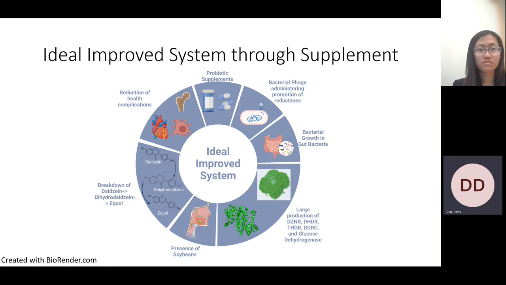And this would accumulate and the bacteria would grow in the gut, and large production of the reductases such as DZNR, DHDR, THDR, DDRC, and glucose dehydrogenase would be more prevalent in the person. And once they begin to eat soybeans or any products from soybeans, they'd be able to break down daidzein all the way to equol and also reap the benefits of the reduction of health complications that they might face if they did not have equol.